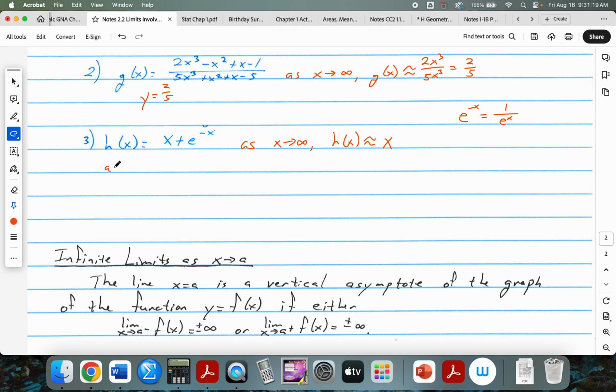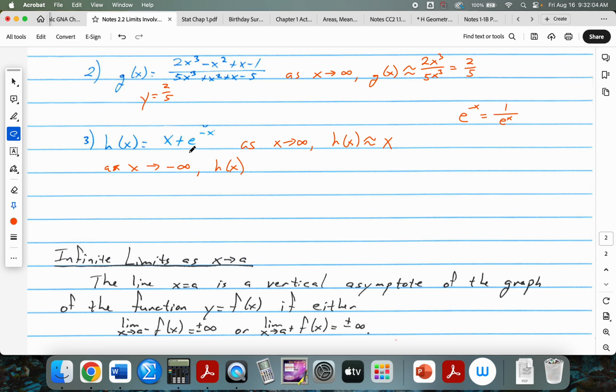But as x goes to negative infinity, now those negatives are going to cancel, right? And I'm going to have e to a really big power. Which is more important or more powerful as x goes to negative infinity then? X or e to the negative x? Yeah, e to the negative x.